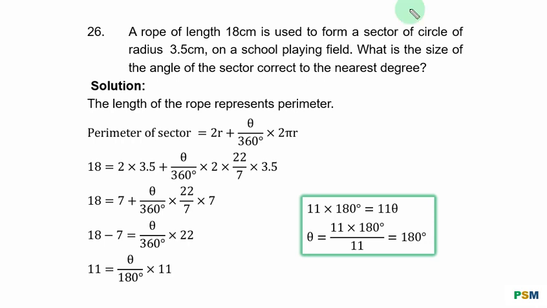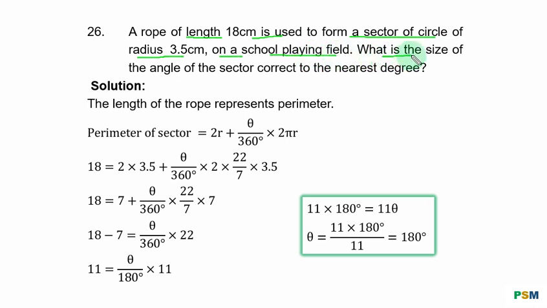Example 26. A rope of length 18 cm is used to form a sector of a circle of radius 3.5 cm on a school playing field.